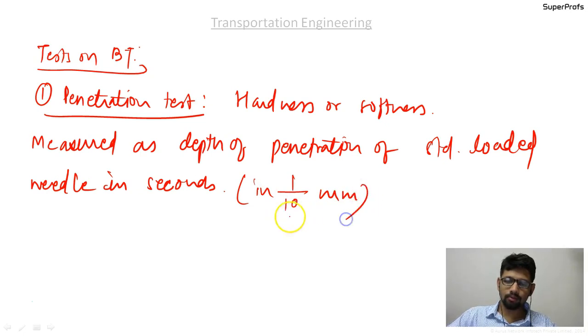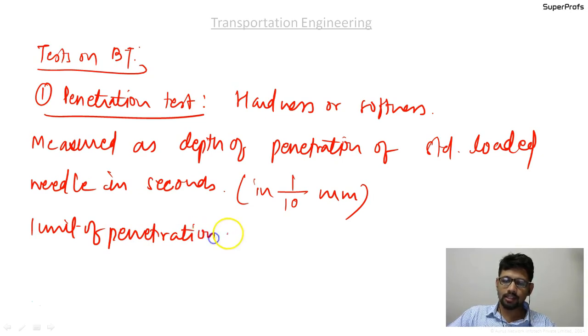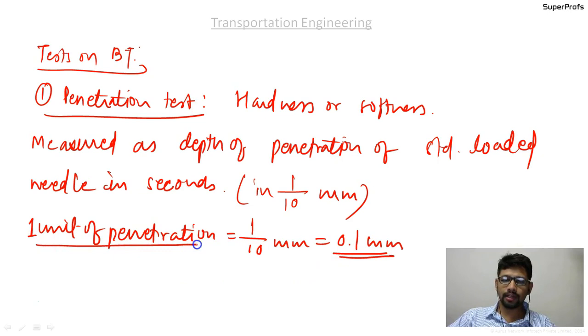So 1 unit of penetration is equal to 1/10 of mm, that is equal to 0.1 mm stands for 1 unit of penetration.